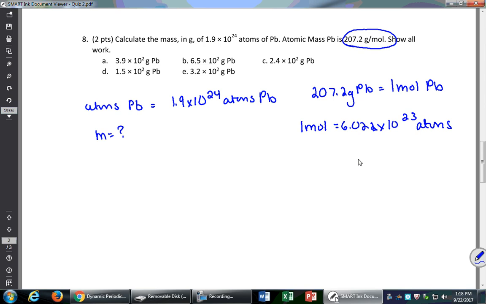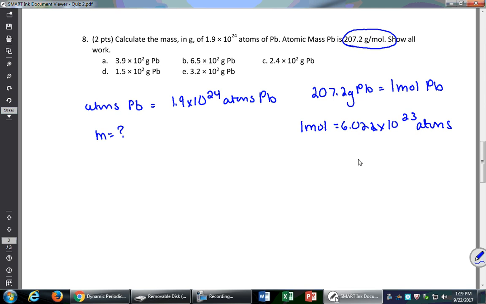Just like 1 dozen equals 12 things, 1 mole equals 6.022 times 10 to the 23rd things. This thing could be atoms. This thing could be molecules, like it was today on the quiz. This thing could be footballs. This thing could be feet. I don't know. I don't care. It's things. So know that relationship.